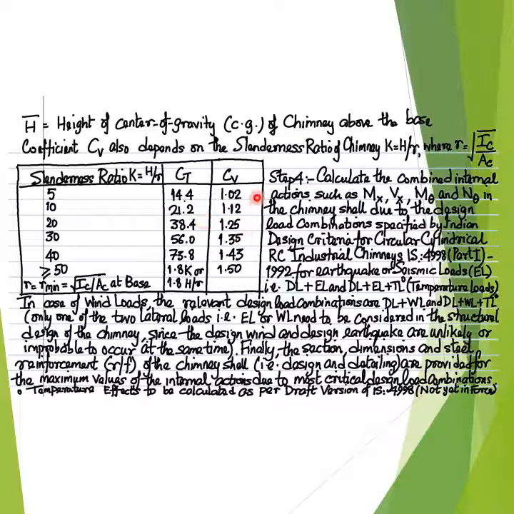Hence, the table presented in the current slide provides the values of the semi-empirical coefficients denoted as C subscript T and C subscript V as functions of the slenderness ratio denoted as K, defined as the ratio H by R.